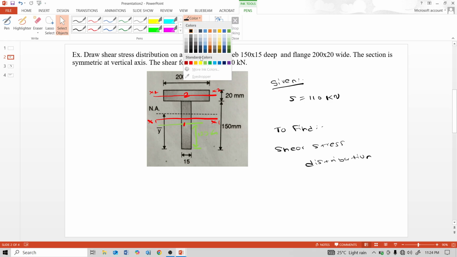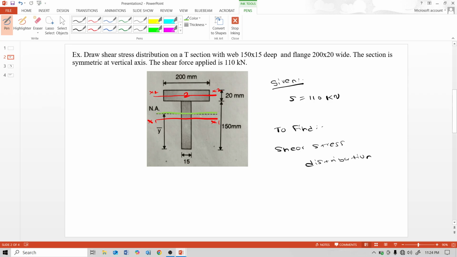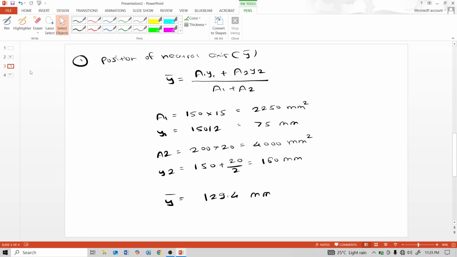That means this 129.4 neutral axis is above the x1 axis. The neutral axis distance is 129.4 and the x1 distance is that of the web portion only, that means y1 is 75 mm.